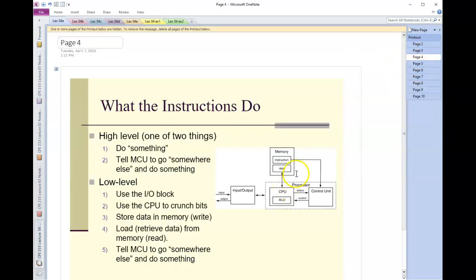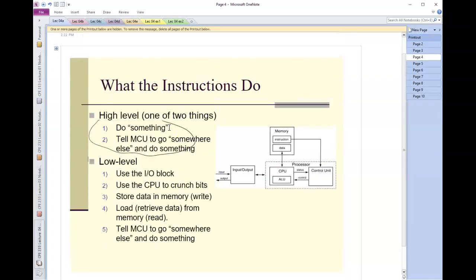So the instructions themselves, I think they break down into 2 categories. They either do something, or, kind of the whole point of this lecture today, they tell the microcontroller to go somewhere else and do something, which is essentially branch instructions or jump instructions. We'll get more into that later.